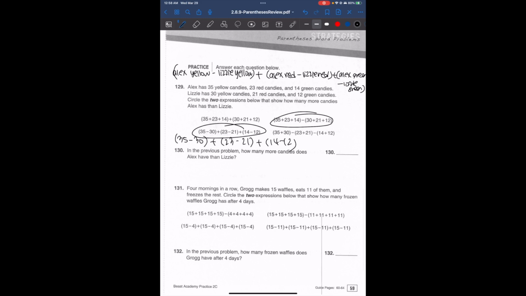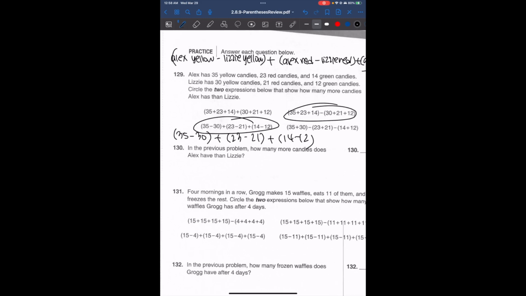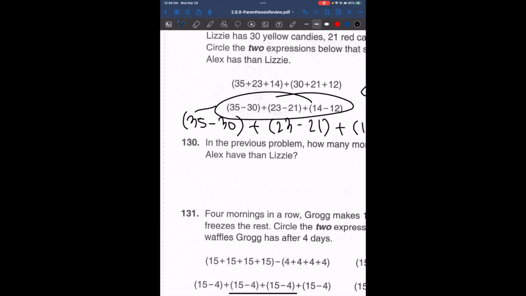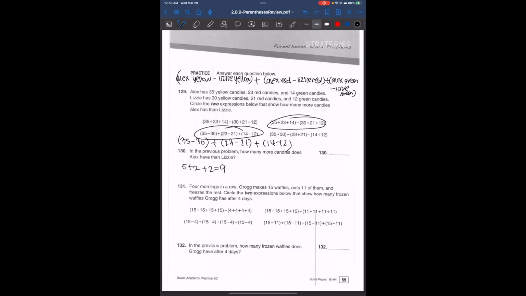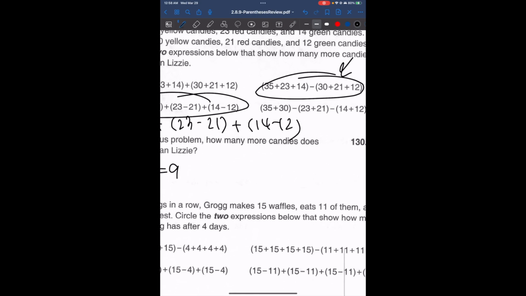Now again, these two expressions should both give us the same answer. So we'll do this one first. 35 minus 30 is 5. 23 minus 21 is 2. And 14 minus 12 is 2. And that gives us 9. Now look at this expression and see if it gives us the same answer. So 35 plus 23 is equal to 58.